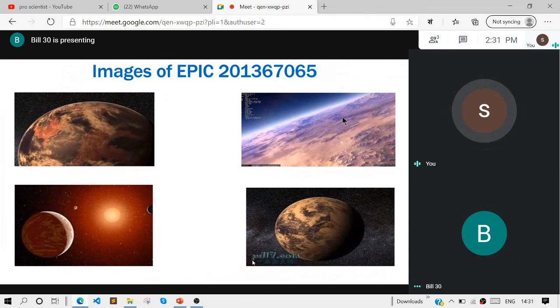The Epic planet can have life. As we have read, there can be possibilities of liquid water on the surface, so our conclusion is yes, life can be possible on Epic 201367065.